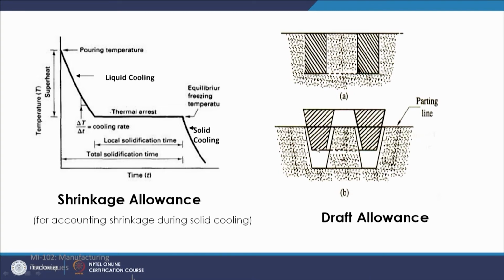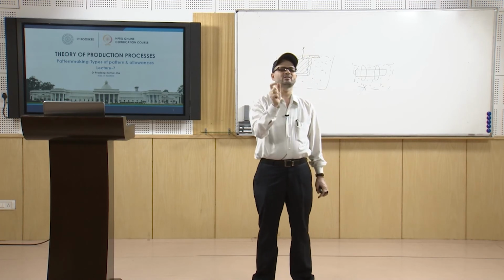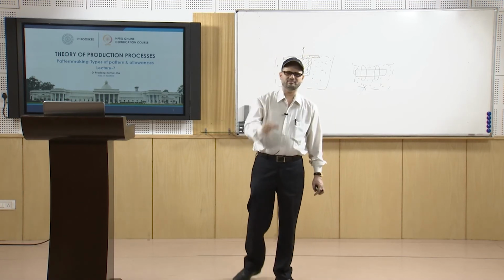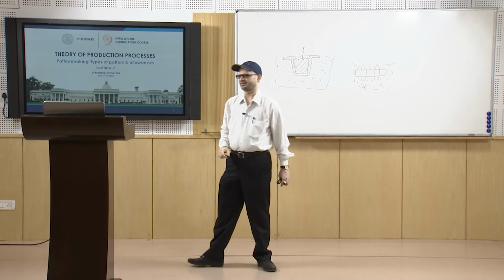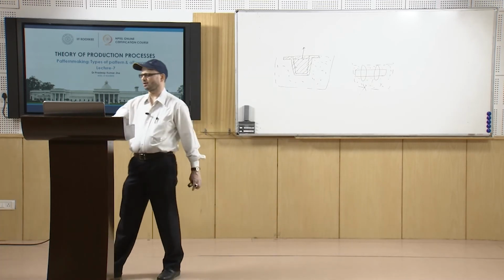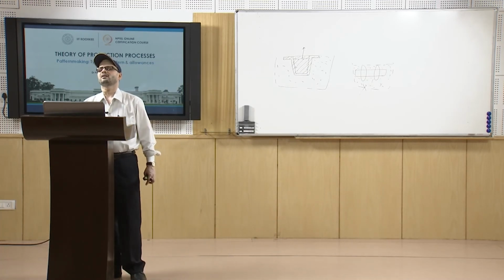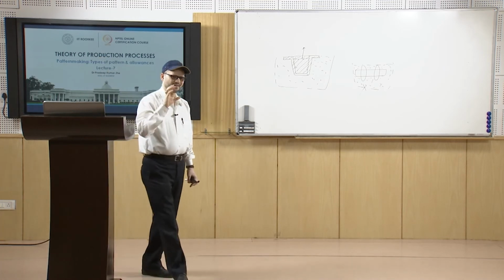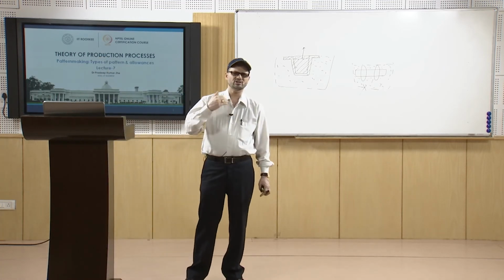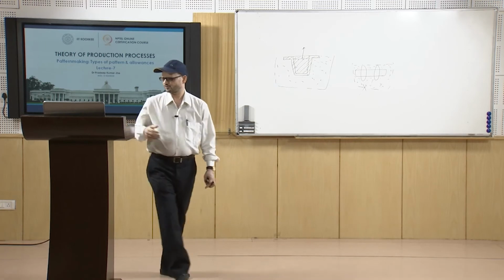It may be given in terms of an angle or dimensions at the top and bottom part, so that a taper is created, and then you can take it out comfortably without actually damaging the mold. So, this is known as draft allowance.